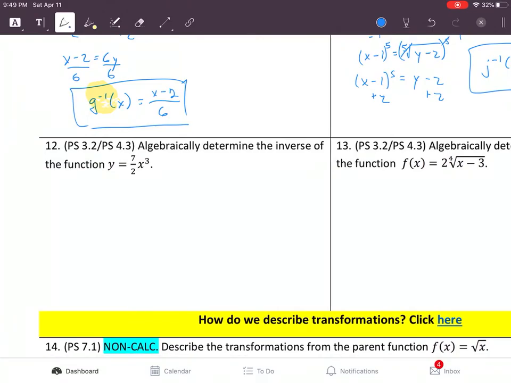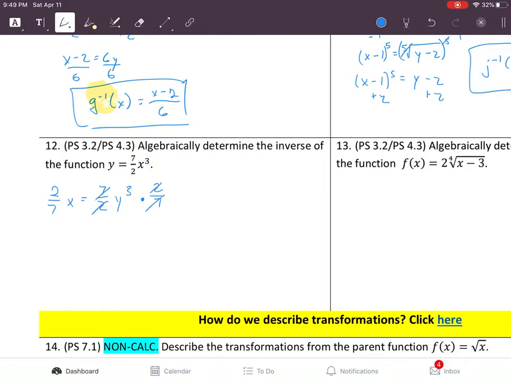All right, number 12. We have x is equal to 7 over 2 y to the third. Now before we can cube root both sides to get rid of that cubed power on the y, we have to multiply both sides of the equation by 2 over 7.